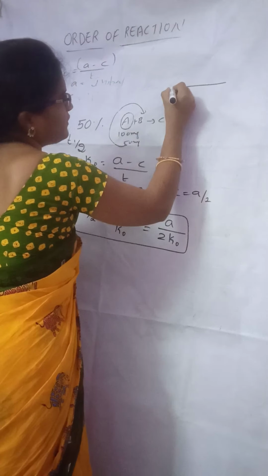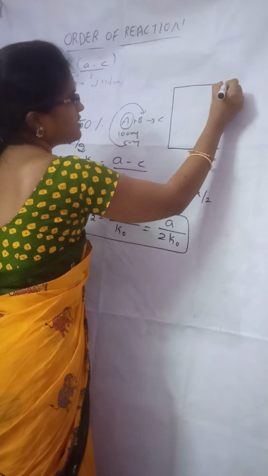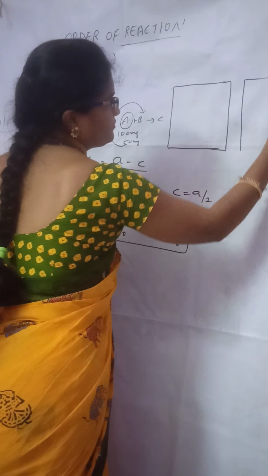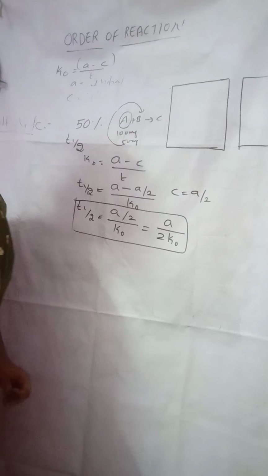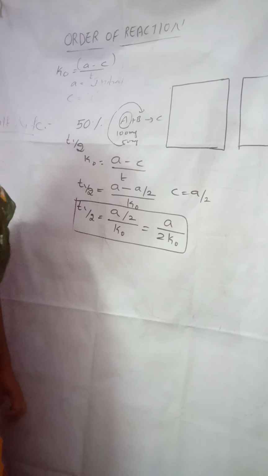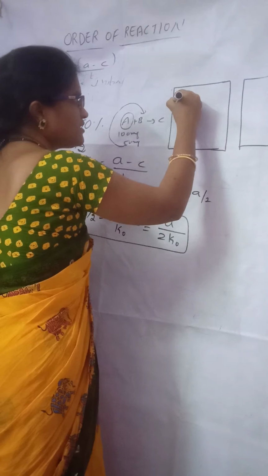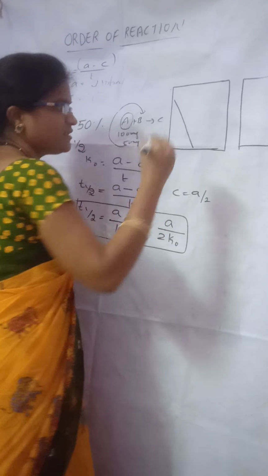Now we will see the graphs in zero order. For plotting the graph, we have considered the color fade reaction of multisulfonamide. There are chances of two graphs in zero order.